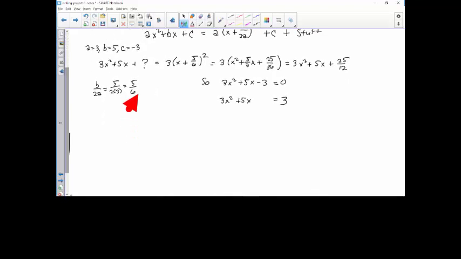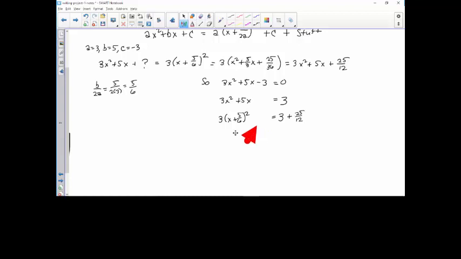And the work we just did says that we can write that left-hand side as 3 times the quantity x plus 5/6 squared. And to get that, what we had to do was add 25/12. So I've added 25/12 to this to get this. So I need to add 25/12 to this.